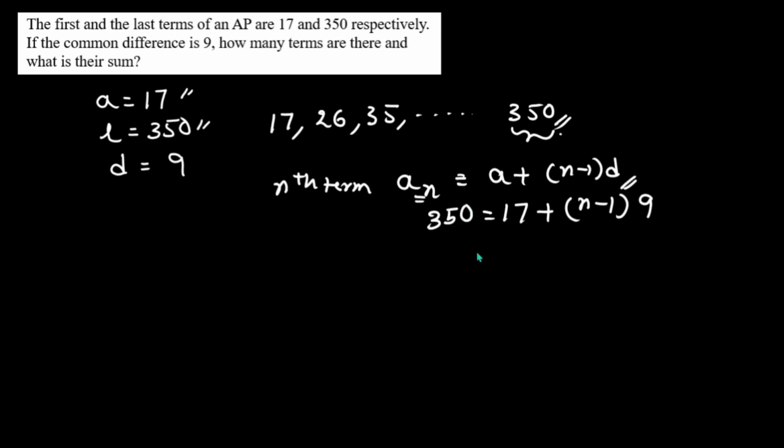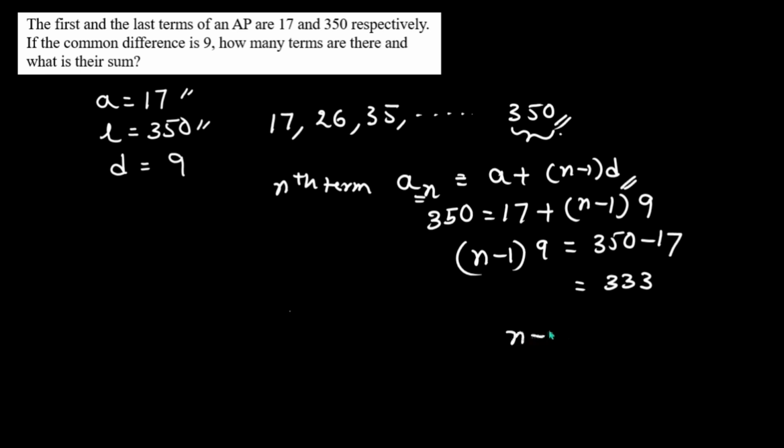From this equation, you will get n minus 1 into 9 equals, this 17 goes to the other side, so 350 minus 17. This is 333.